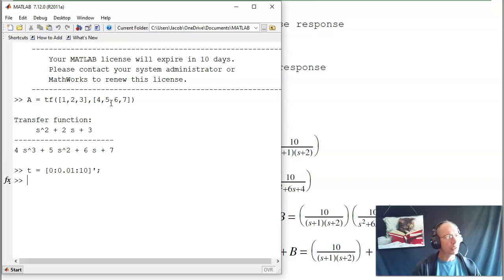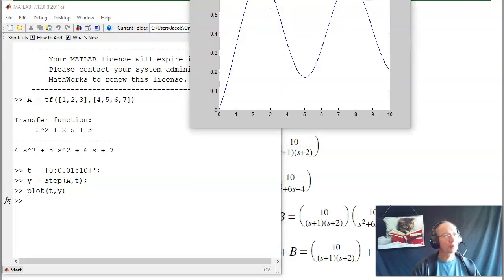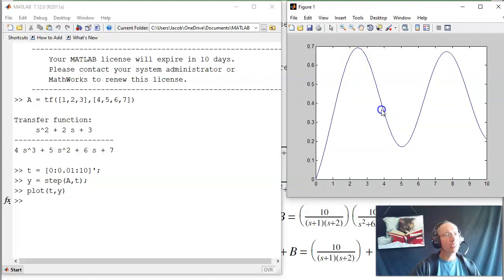Let's go from 0 to 10 seconds, steps at 0.01. Y is the step response of A, T. Then if I plot the step response, there it is. Way, way, way easier than doing inverse Laplace transforms.